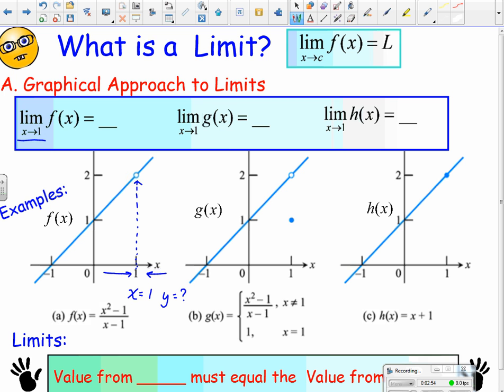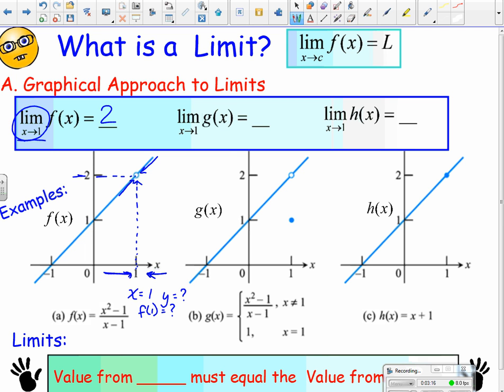That's f of 1. But from a limit perspective, it's asking what does it approach? As I approach 1 from the left and from the right, I'm getting to a height equal to 2. So I would say this has a limit of 2.